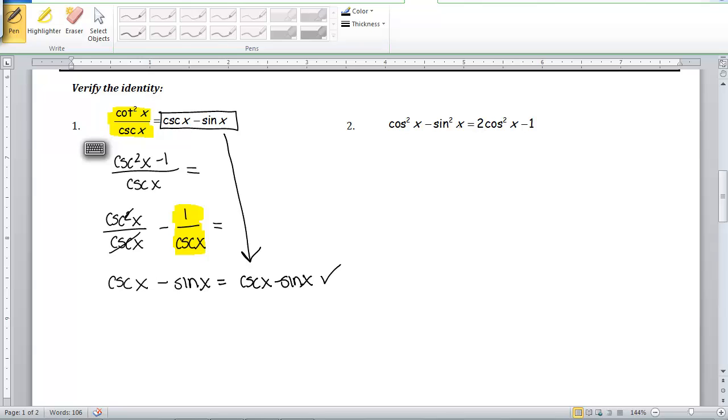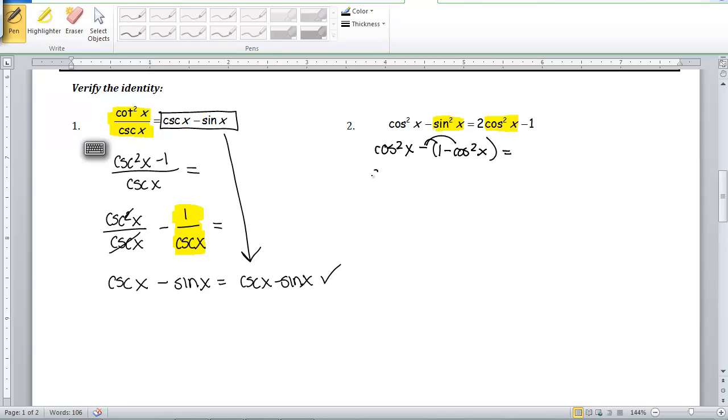Here, because I want to have 2 cosine squared x's, I'm going to change the sine squared x into 1 minus cosine squared x. That gives me everything in terms of what I want in the end. Now what you must remember is that this negative does need to be distributed.